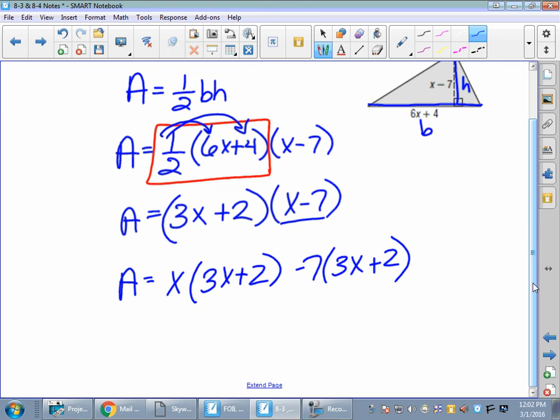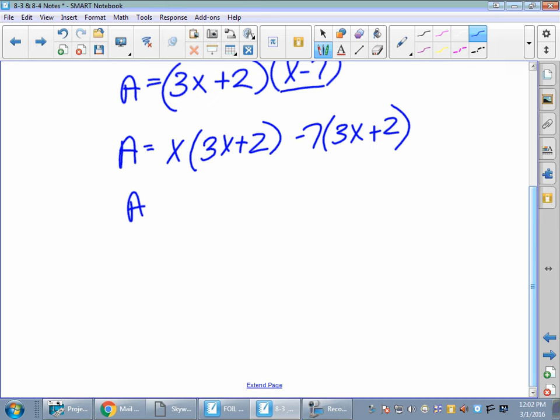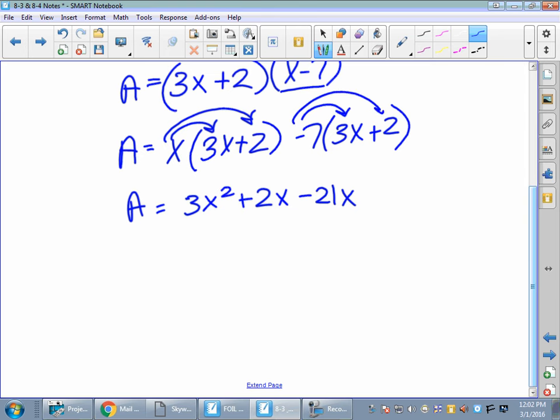Careful of that negative 7. The negative has to be distributed with the 7. So area is equal to x times 3x is 3x squared, and x times a positive 2 is a positive 2x. Negative 7 times a positive 3x is a negative 21x, and negative 7 times a positive 2 is negative 14.